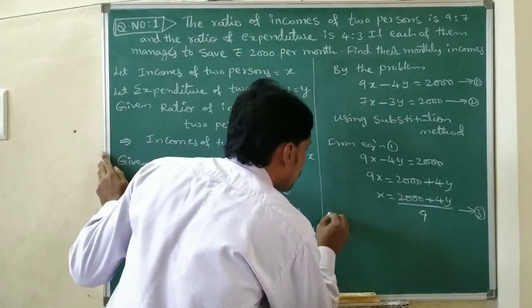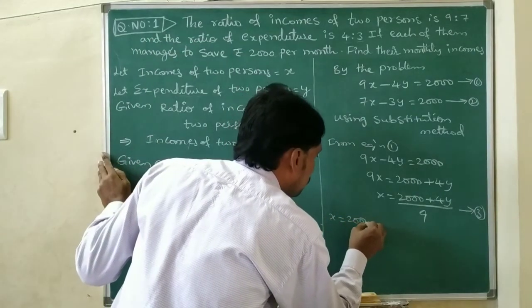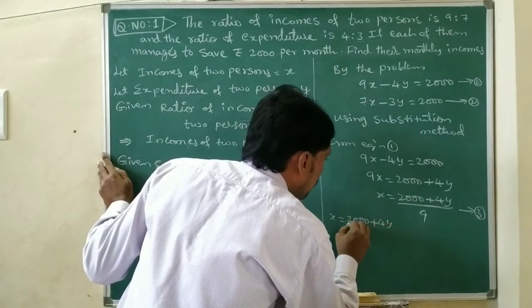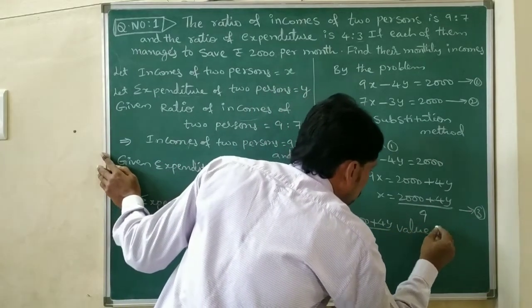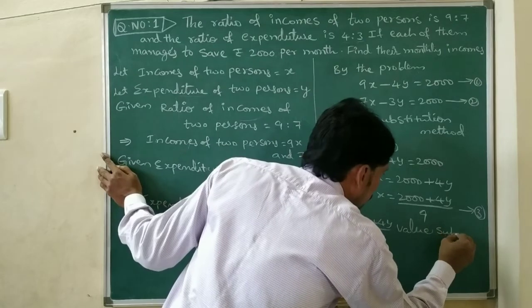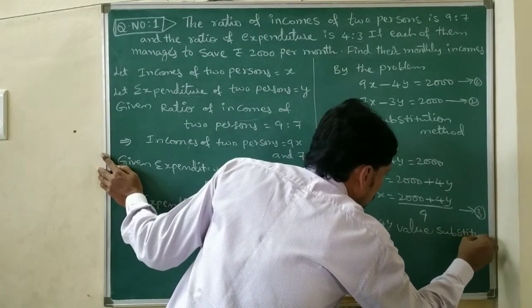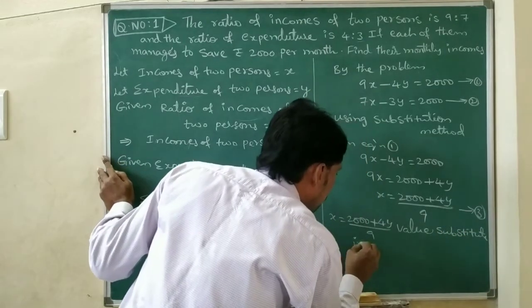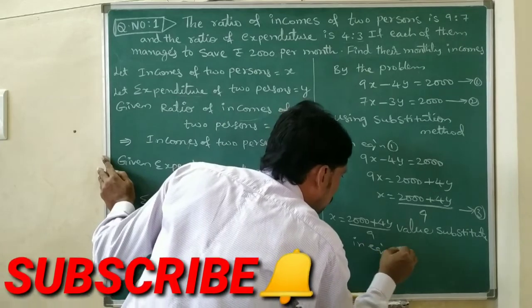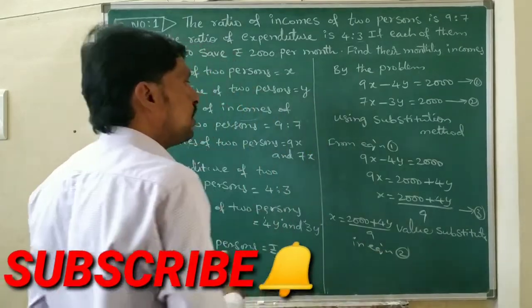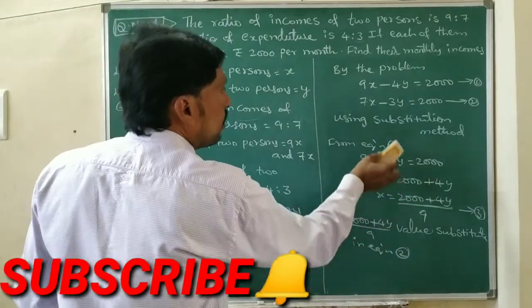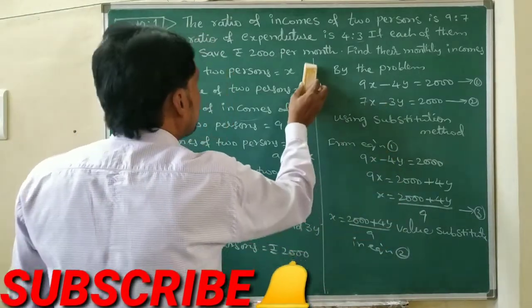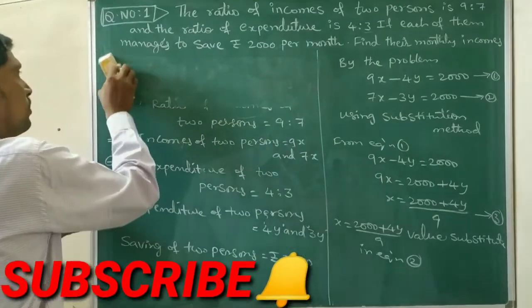So write down x equal 2000 plus 4y by 9 value, substitute in equation number 2. Substituting in the second equation means we can get the value of y.